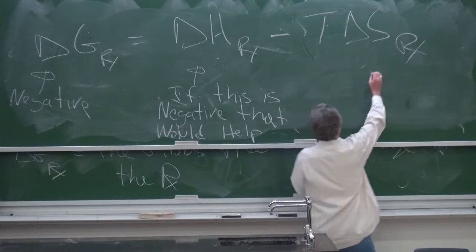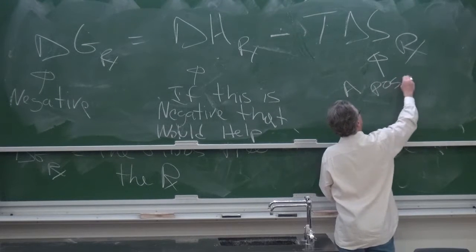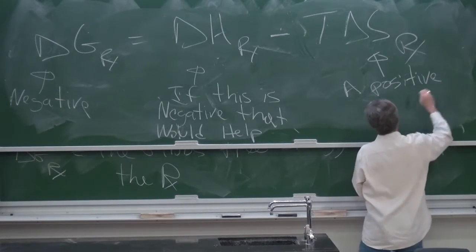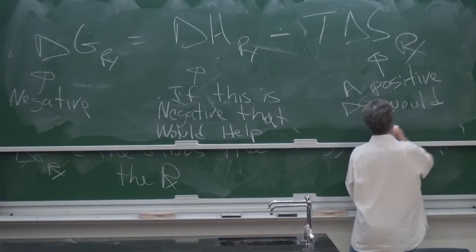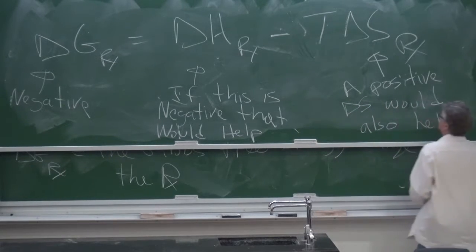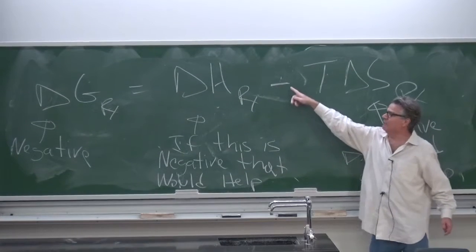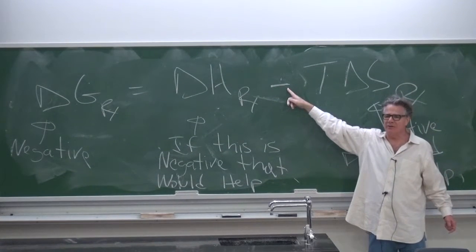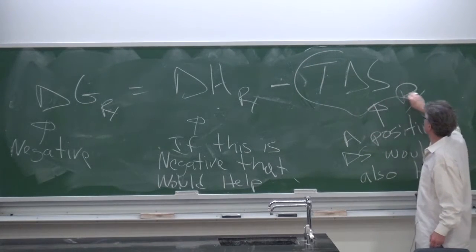And then we can see very clearly that a positive delta S would also help. Because a positive delta S of reaction combined with that negative sign right there would make that whole term negative.